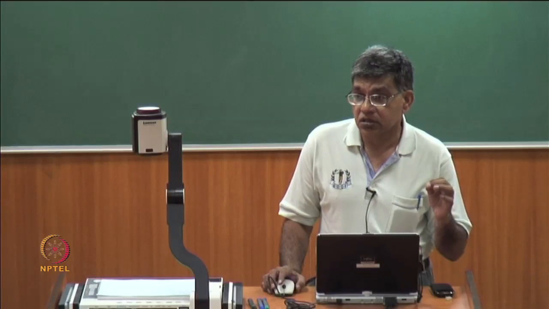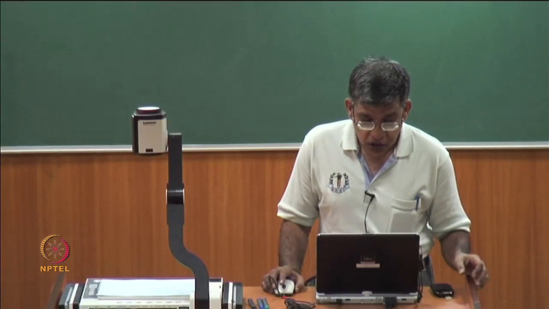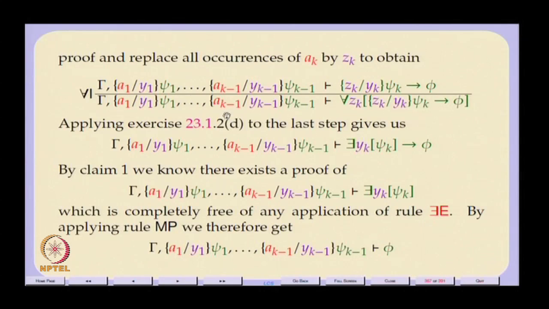After that we use the fact that each of those Ti's did not use there exists elimination in order to apply this modus ponens. So here I had written something which was wrong. By claim 1 we know that there exists a proof of this, A1 to A k minus 1 psi k minus 1 proves there exists y k psi k.